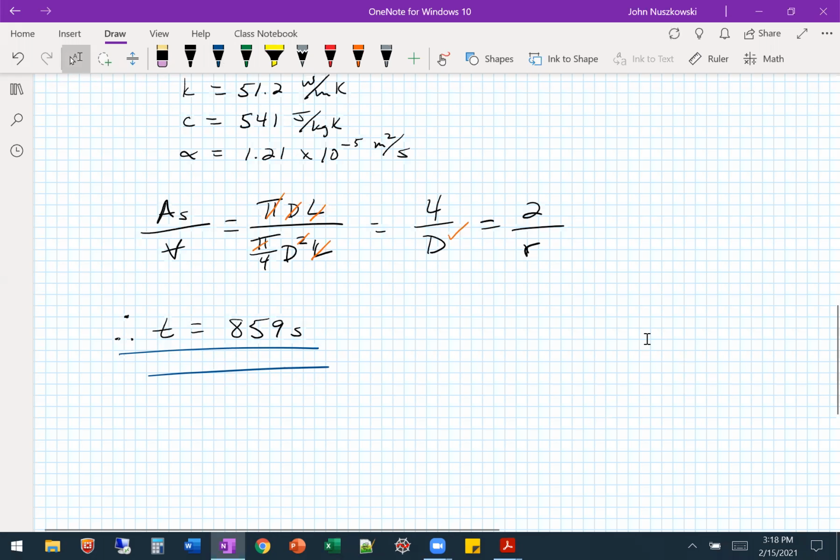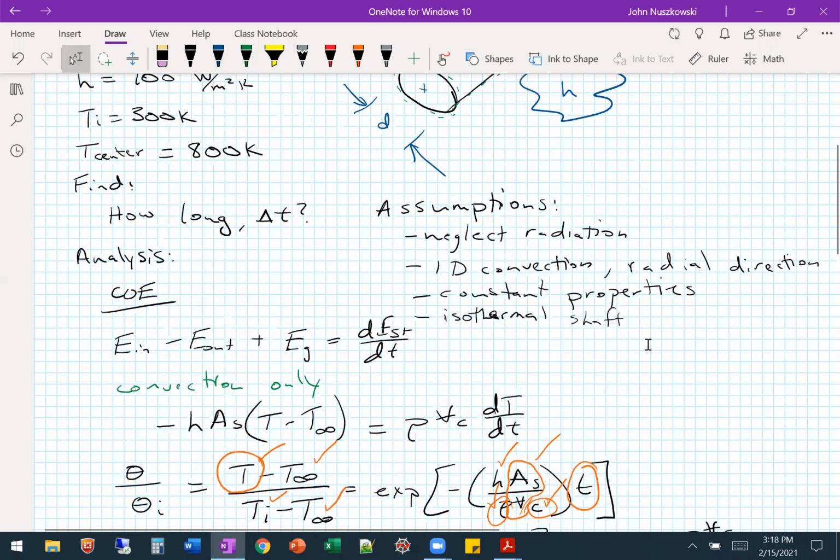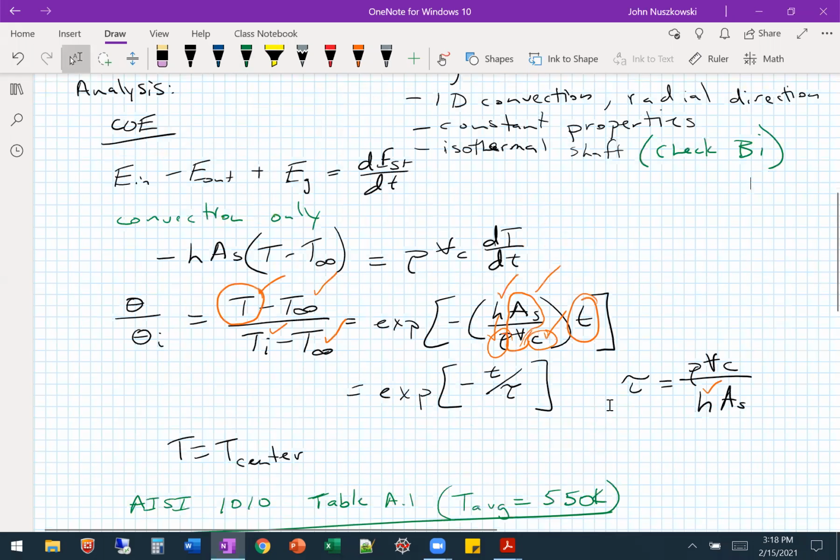We assumed some things in this, and these assumptions mean we need to check. We said isothermal shaft. This is where we check the Biot number. We made an assumption, and we started basically right here. We used the lump capacitance method.